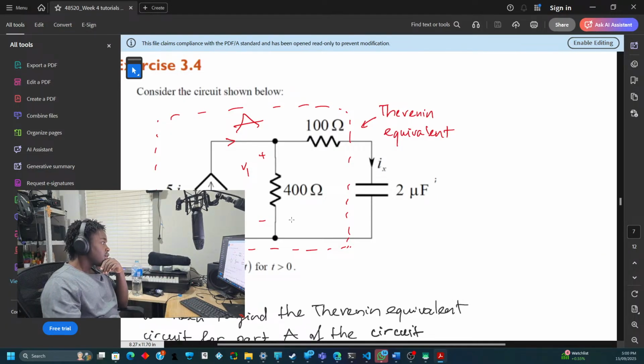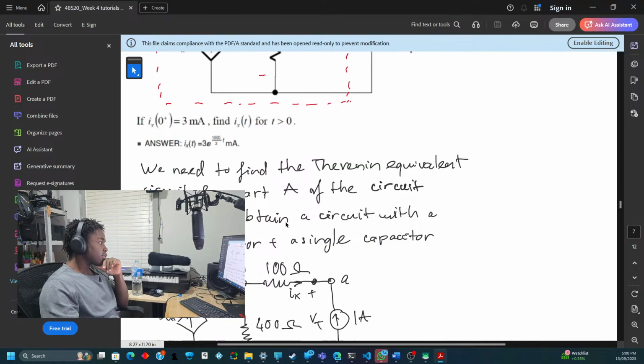What they're saying, we need to make a Thevenin equivalent circuit.